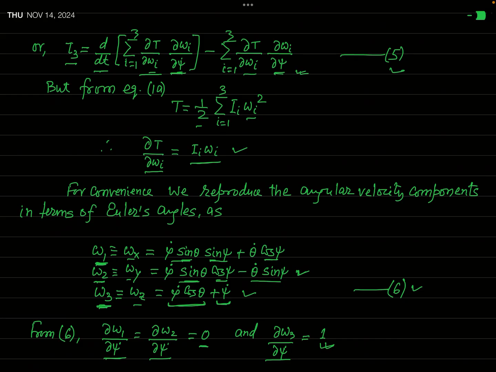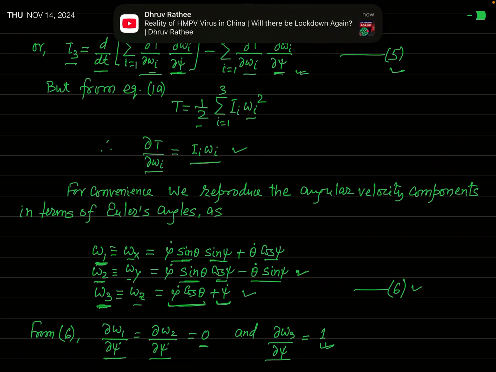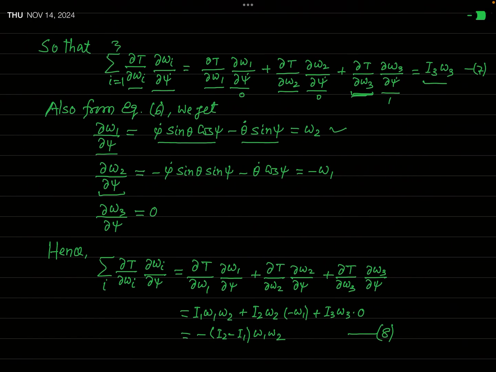So this will be minus phi dot sine theta sine psi minus theta dot cos psi, and when you take minus as a common factor, the remaining factor will be just this much, and therefore that will be equal to minus omega 1. You can see this is equal to minus omega 1. So del omega 2 by del psi is equal to minus omega 1.